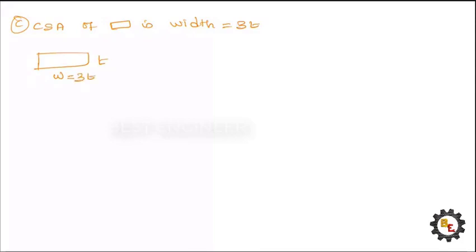Third case, cross section of a rectangle. Cross section area of rectangle, width equals 3 times thickness. Suppose the cross section is rectangular with thickness t, now width is equal to 3t, so area equals 3t into t, so 3t square. This is the area.